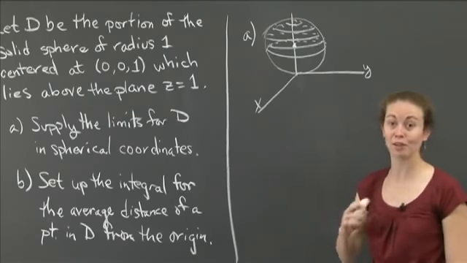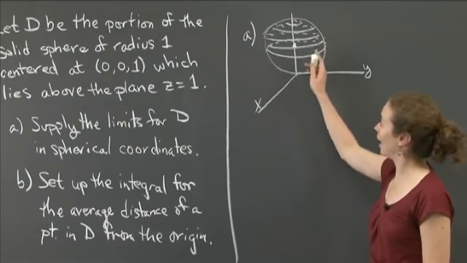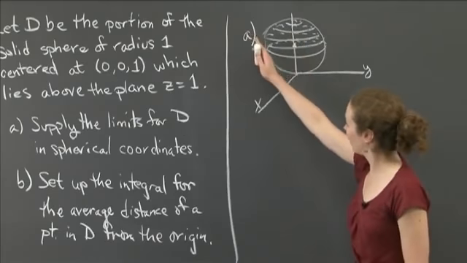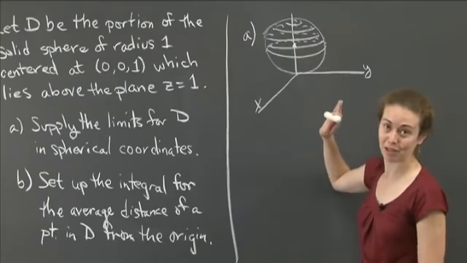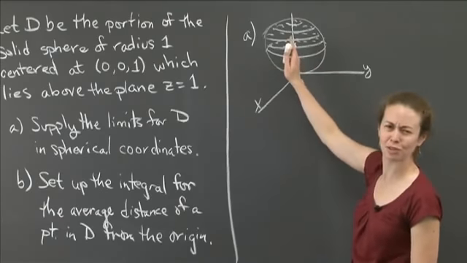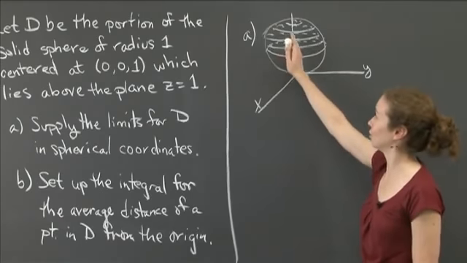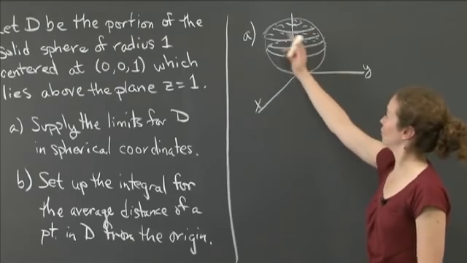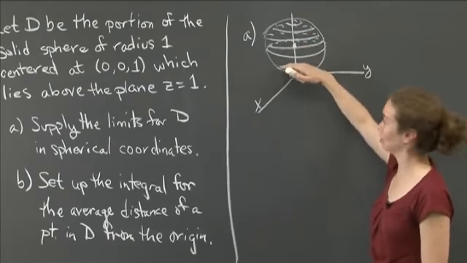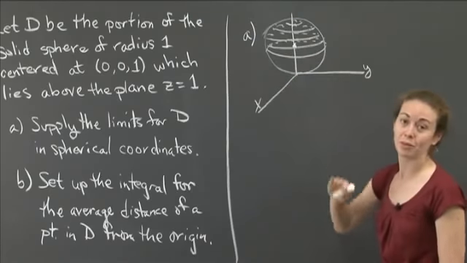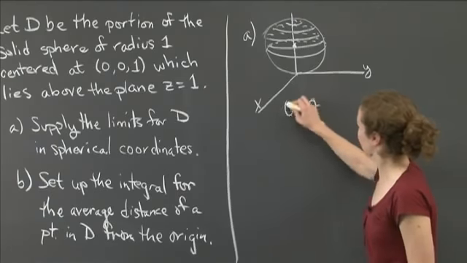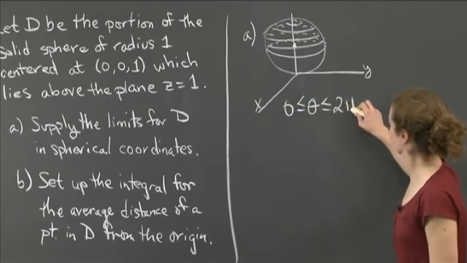I'm covering 0 to 2 pi in theta. If I cut off the back half of the sphere, that would change my values of theta, and I'd want a restricted value of theta. But because I'm covering all the way around, and my restriction is only the bottom half, my theta values haven't changed. So theta is easy, 0 to 2 pi.